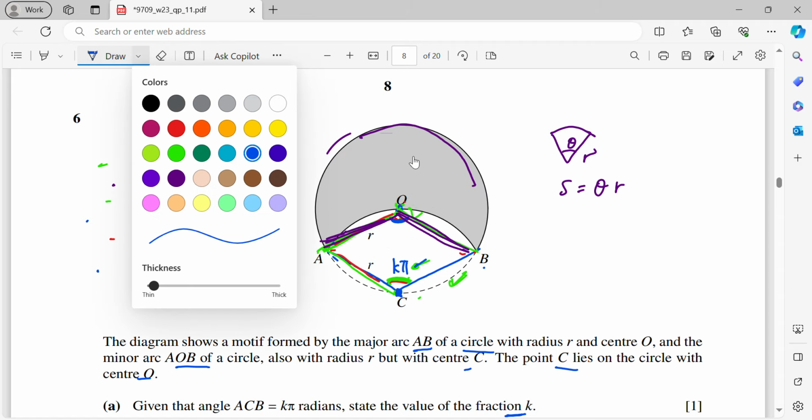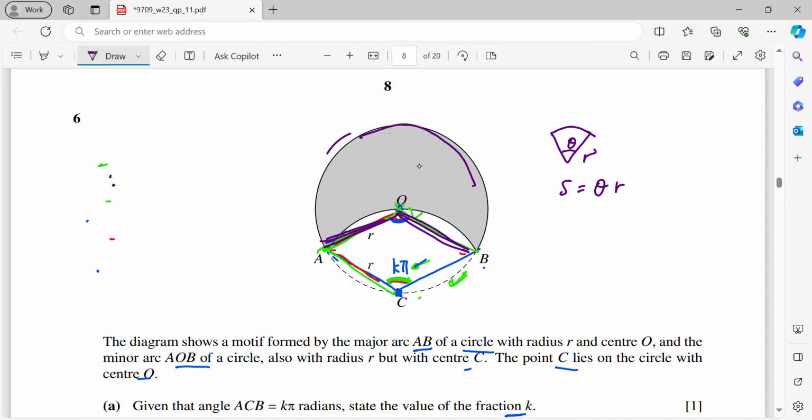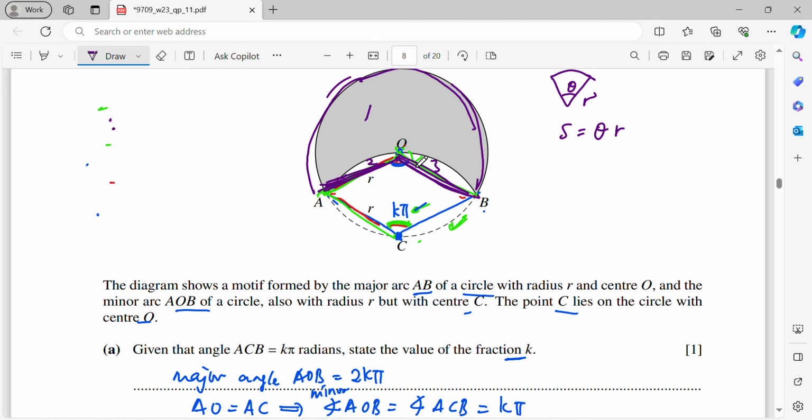When I find the area of the sector, I'm finding parts 1, 2, 3. Then I have to minus parts 2 and 3, which belong to the sector of AOB. So I have to minus the sector AOB later on, and then plus back this sector number 4.